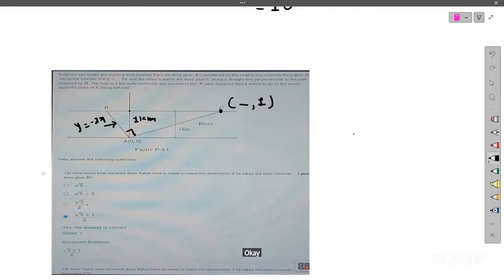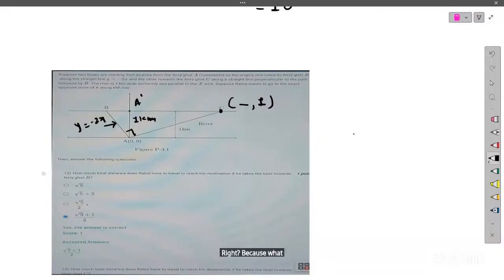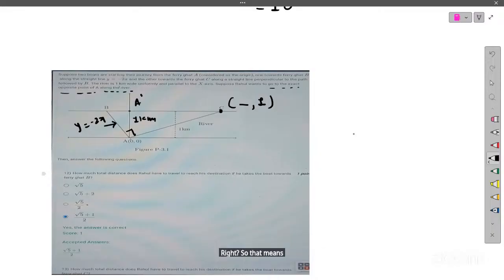So what he needs to find out: first he needs to go to the point B and then he needs to go to this point A prime, right? Because what does it say? It says that suppose Rahul wants to go to the exact opposite point of A along the river. So first he will travel this distance AB and then he will travel the distance BA prime.